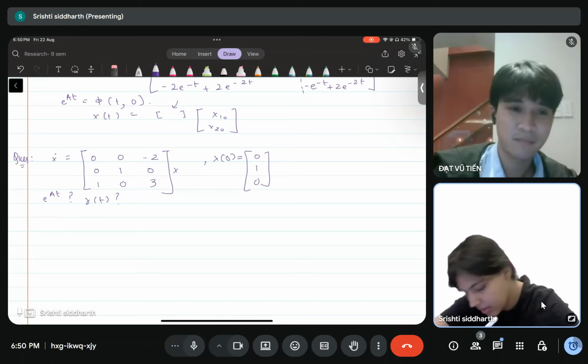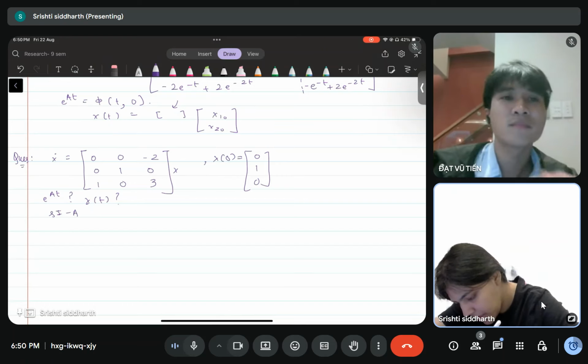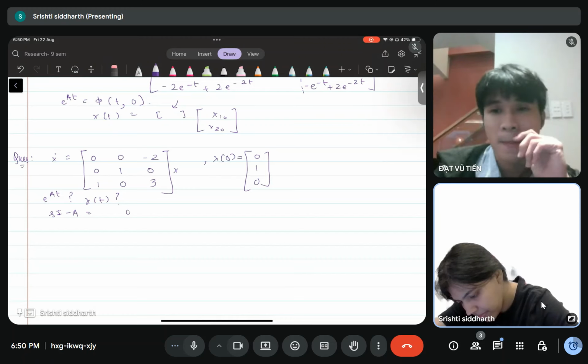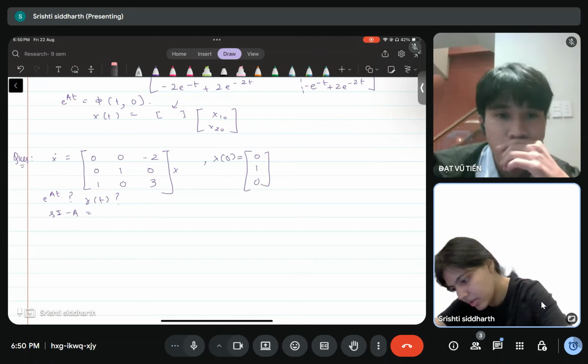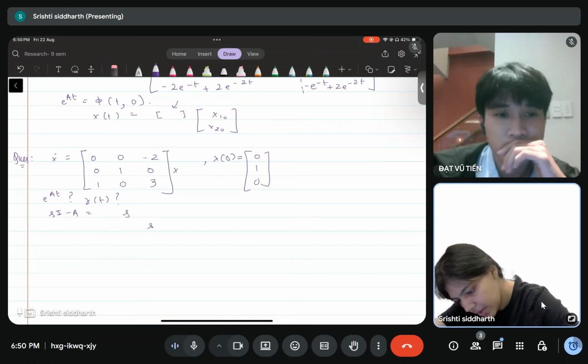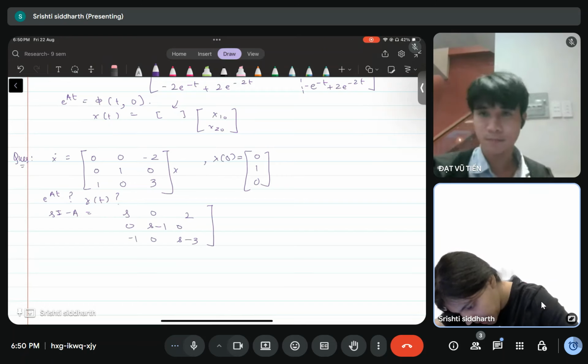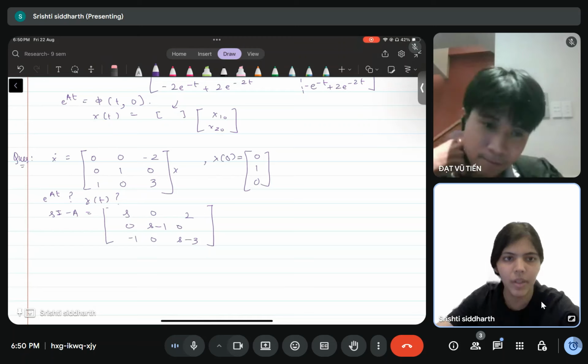So again, you can just write this down, sI minus A, sorry, s minus 1, s minus 3. And you can repeat the procedure from the previous question, right?